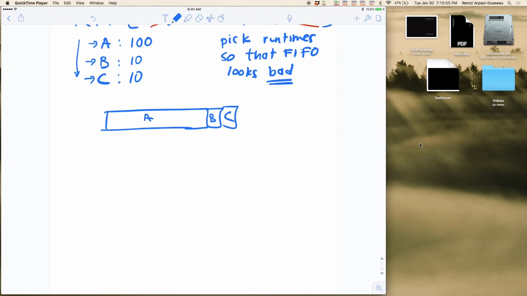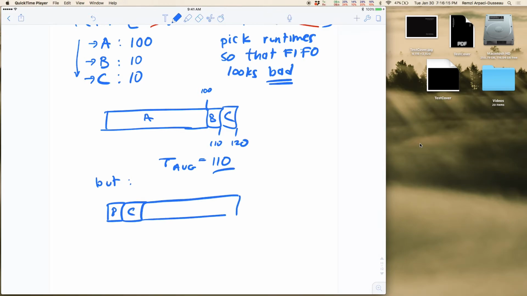And if you look at the turnaround times then, this is 100. For B, it's 110. For C, it's 120. And the average turnaround, as you can see, is 110. But if we instead had run B, and then run C, and then run A, notice we're not finishing the work any sooner.